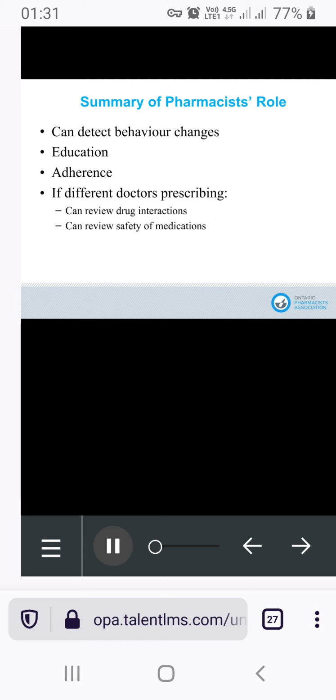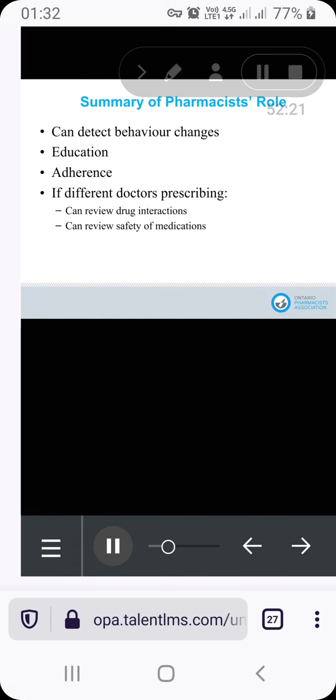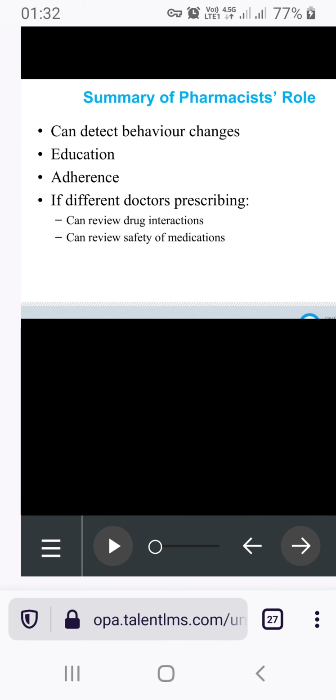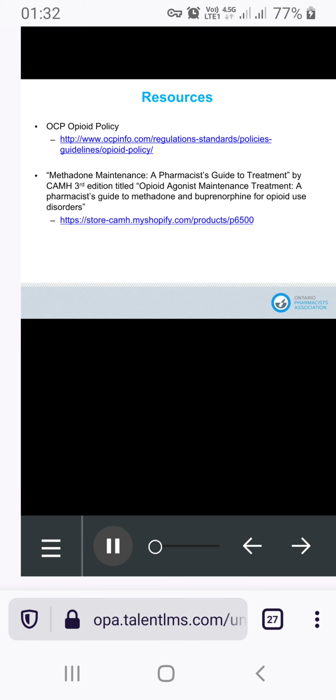If different doctors are prescribing, can review drug interactions and the safety of medication. Resources are the OCP and Methadone Maintenance by the CAMH.